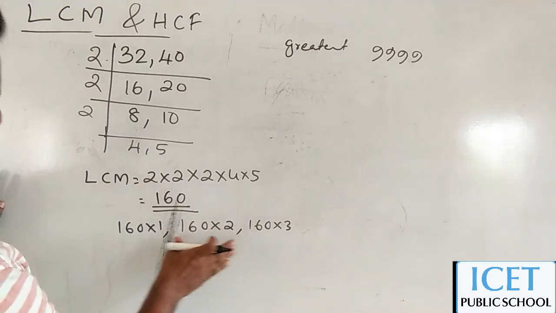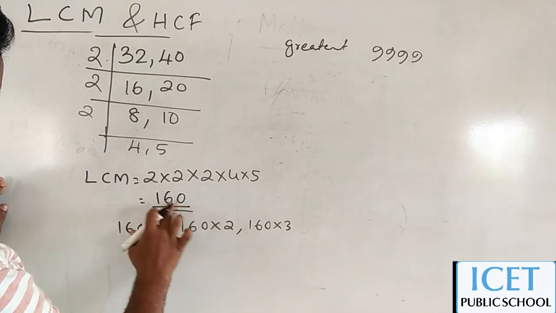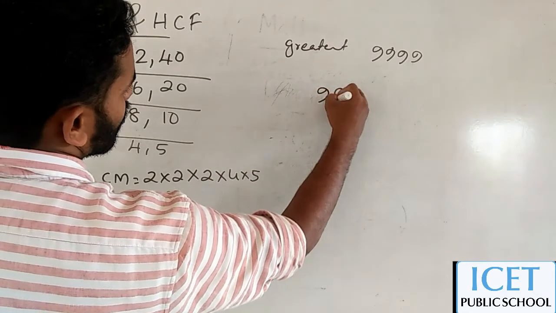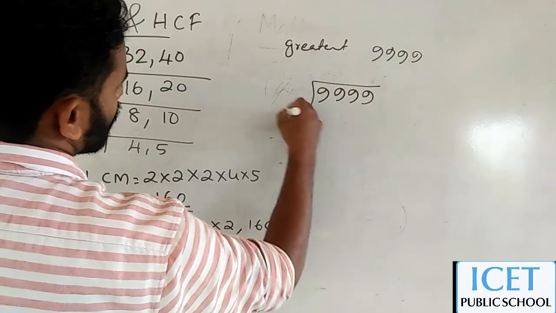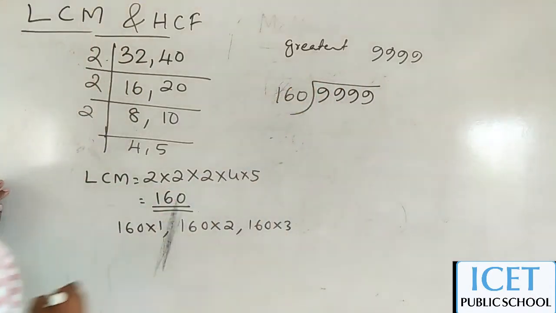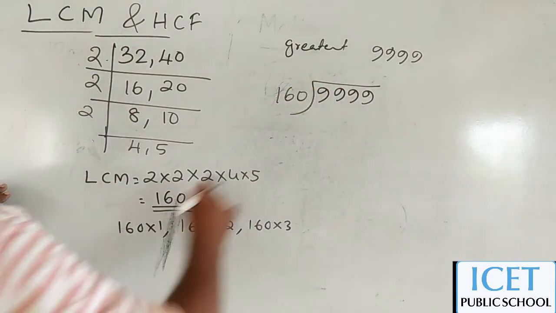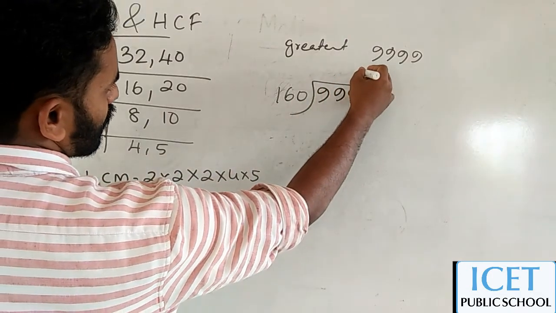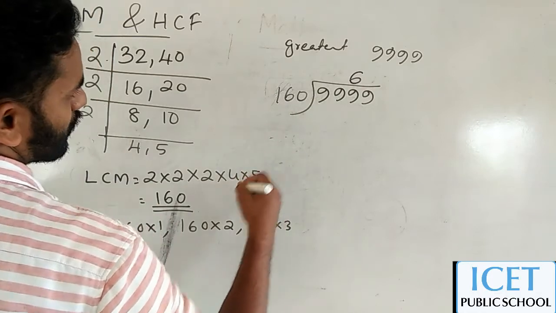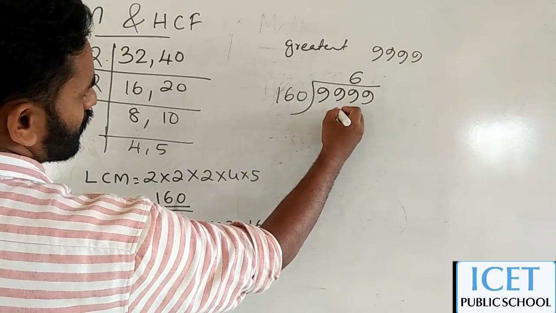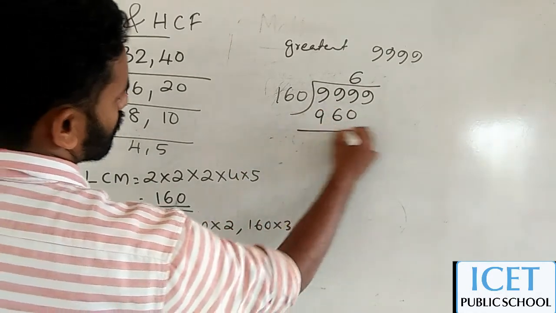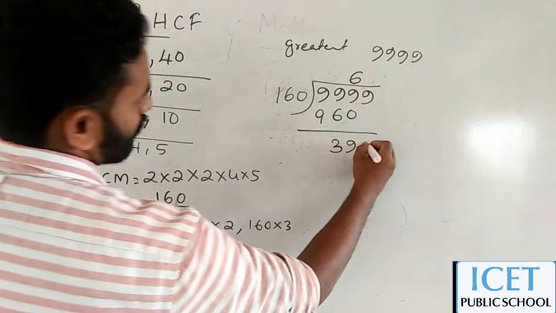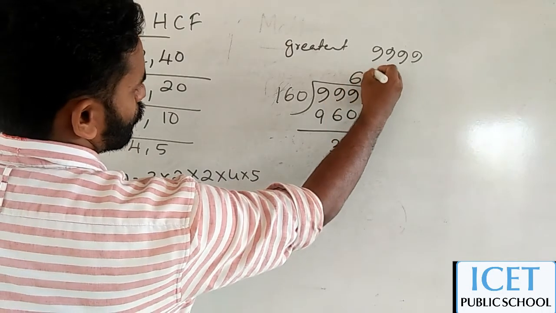So first we have to find out the LCM. Then 9, 9, 9, 9 by 160. We have to divide it by 160, right? What is here? Here 6 is there, right? 0. Then 36, 960. Okay, right. Then here it is 39. Clear? Then one more 9. So 2. Right.